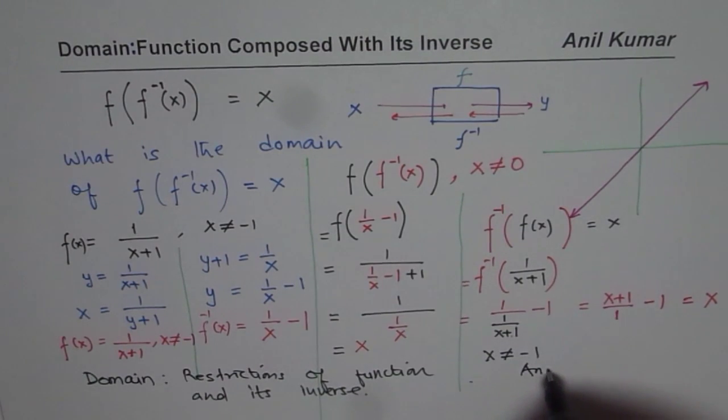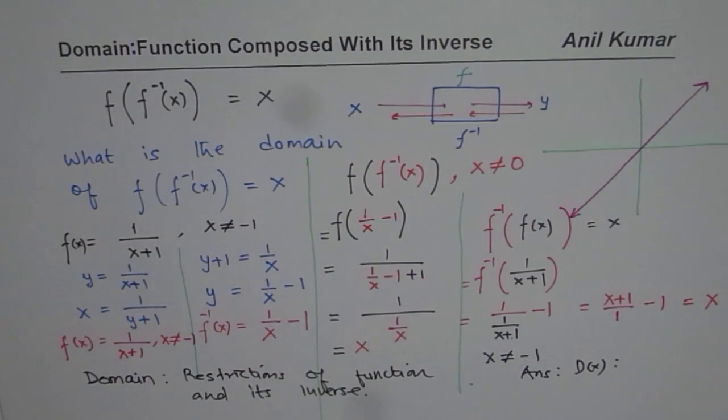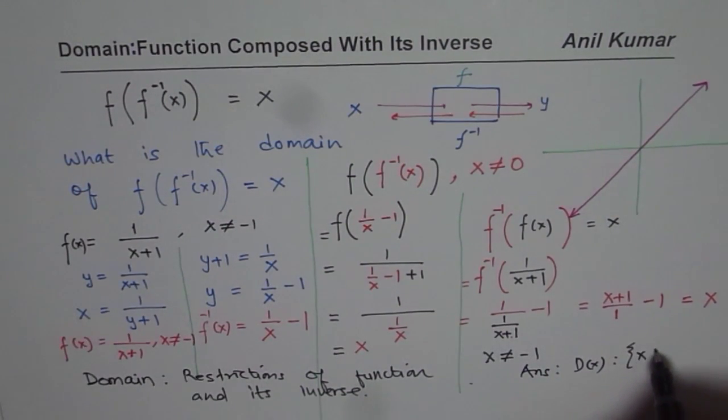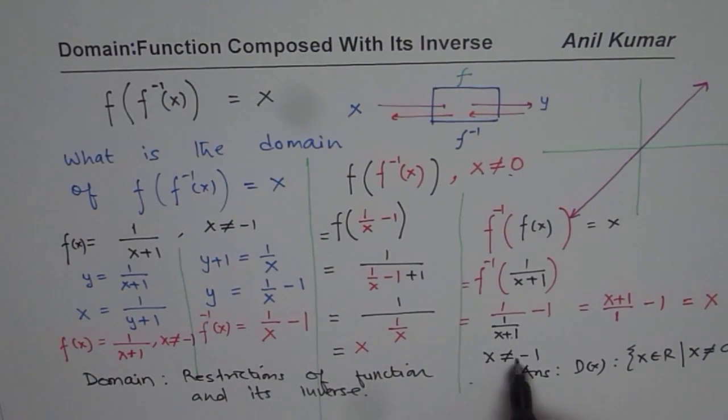So this is a very important conclusion from all we did, and therefore we can write down our answer that the domain for this function should be, which is simple, right? F inverse of f inverse x is x. In this particular case, if f of x is 1 over x plus 1, then the restriction will be that x belongs to real numbers where x is not equal to 0, as we found here from the inverse, and is not equal to minus 1, as in the case of the function given to us.